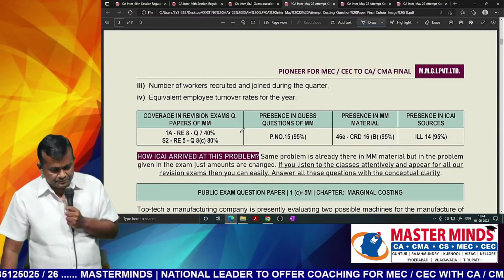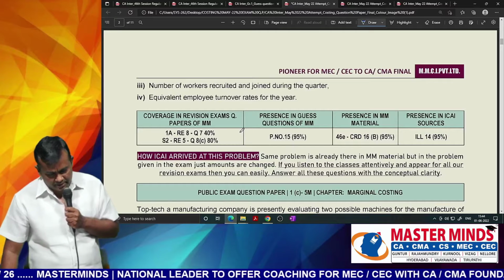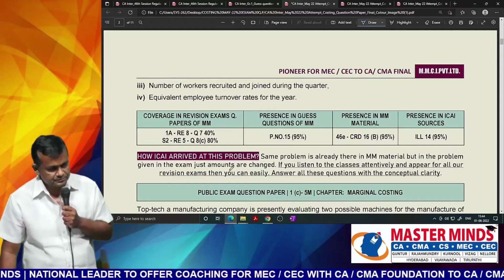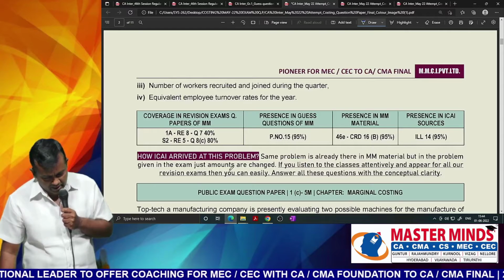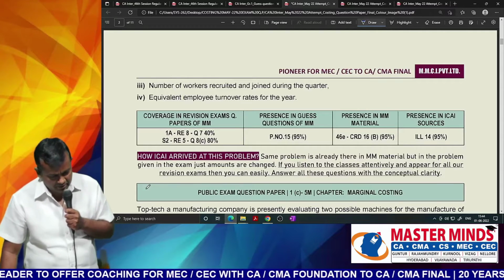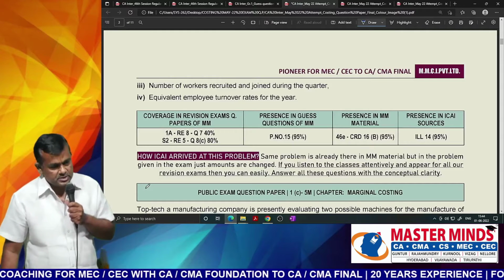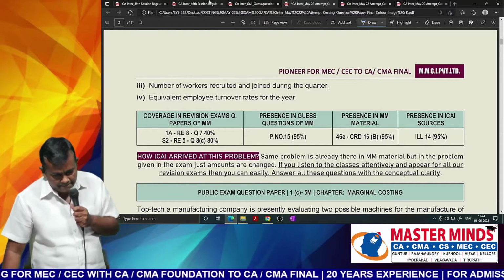So the same problem is already there in the material, but in the problem given in the exam, just the amounts are changed. So if you listen to the classes attentively and appear for all our revision exams, then you can easily answer all these questions with conceptual clarity in the main material.